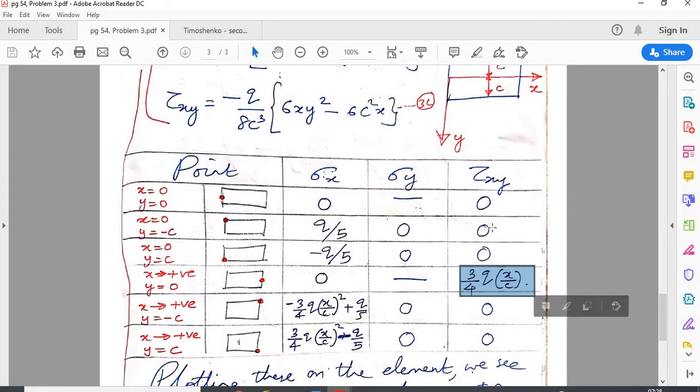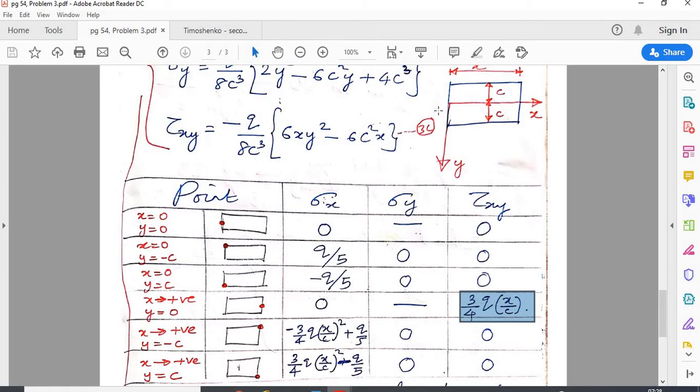So that is shear stress. Normal stress and shear stress are something which we have seen in the earlier problems, and it is expected. Here the only difference is that tau xy is a function of x. Which means at the starting section there is no shear stress. Only that difference is there.